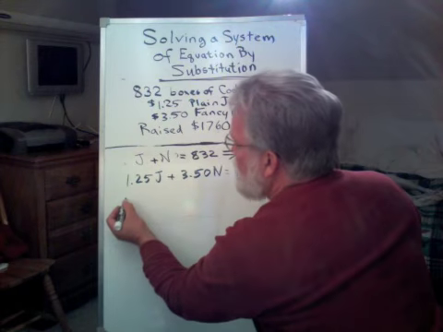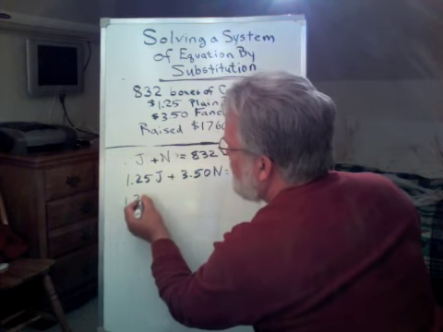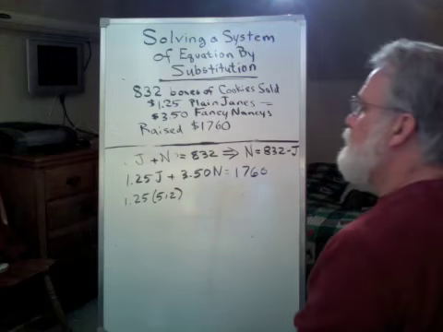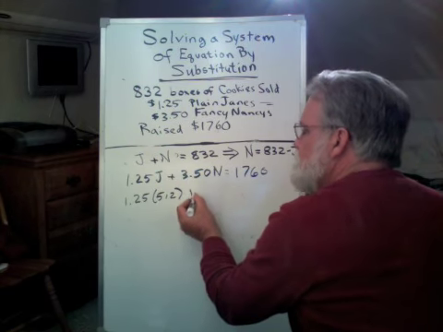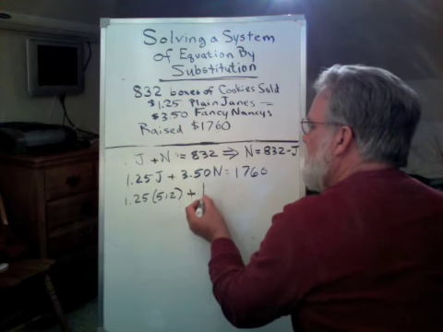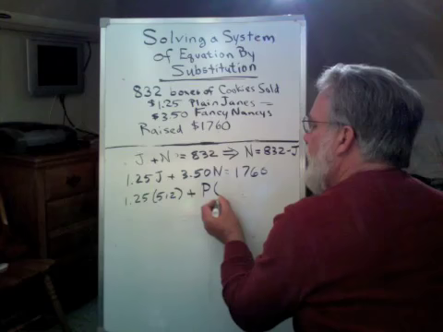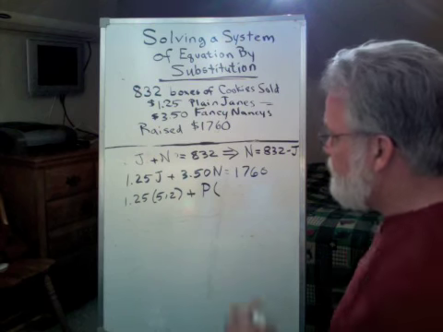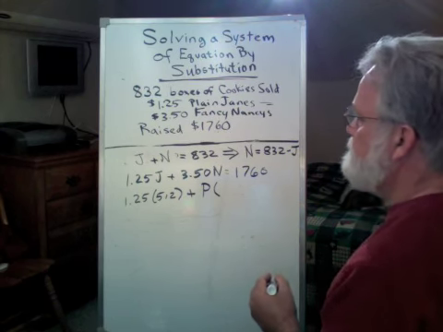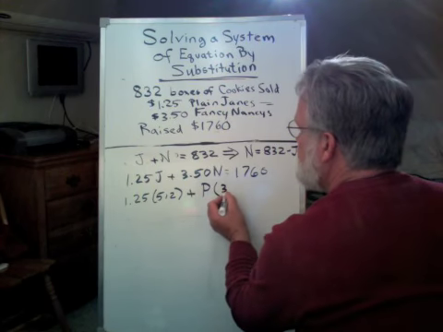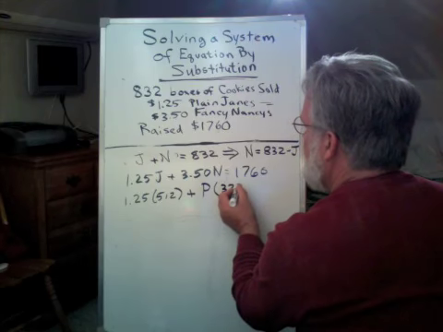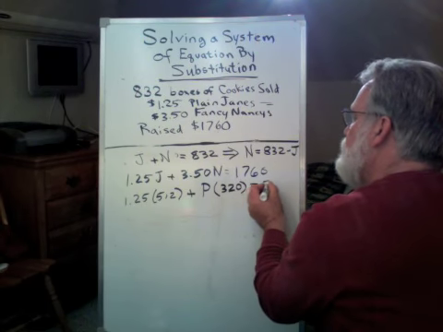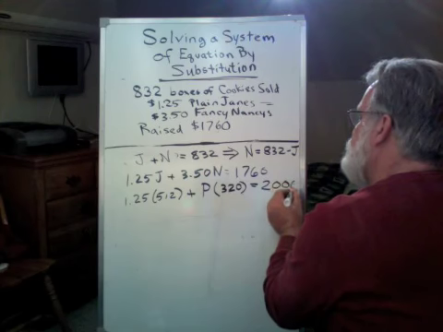Well, we know that the Janes cost $1.25, and we sold 512 of them. We're going to raise the price on the Fancy Nancys, but we don't know to how much. So we're going to have a new price, P. And we knew that we had 320 boxes of Fancy Nancys sold, and that must now equal $2,000 next year.